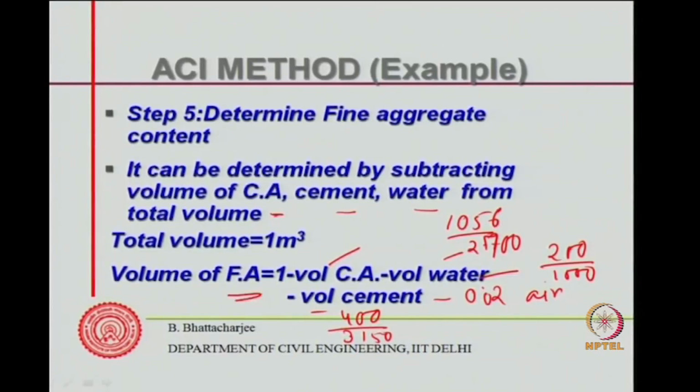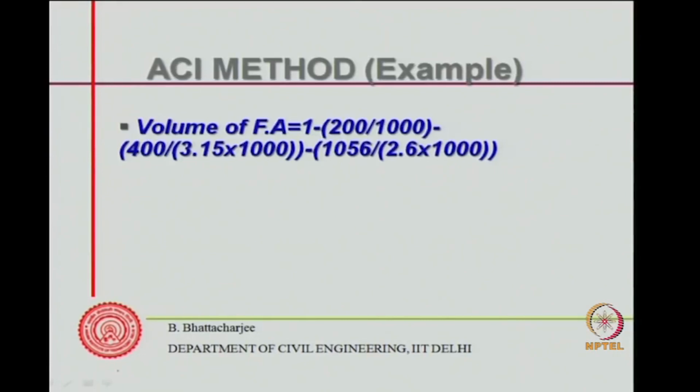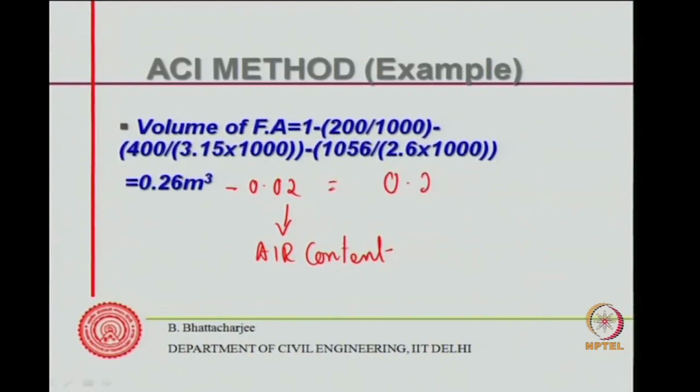So, therefore, volume of fine aggregate you can find out, and minus 0.02 also should be there because of the air content, and this will be 0.24.